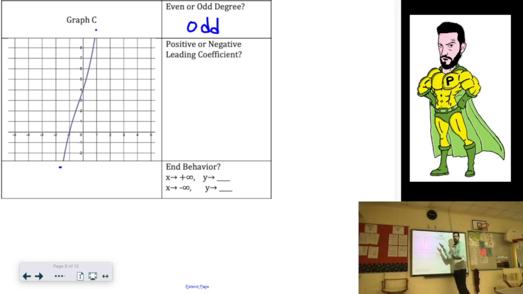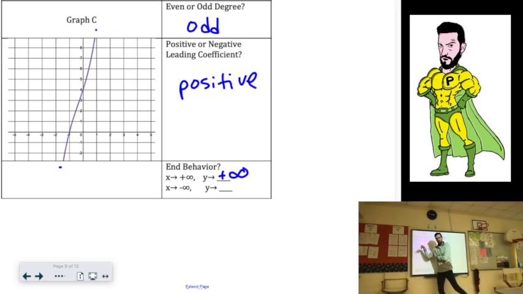So it's not reflected, which means its lead coefficient is positive. End behavior, as x approaches positive infinity, as this goes to the right, the y's go towards positive infinity. As this approaches negative infinity to the left, the y's approach negative infinity as well.